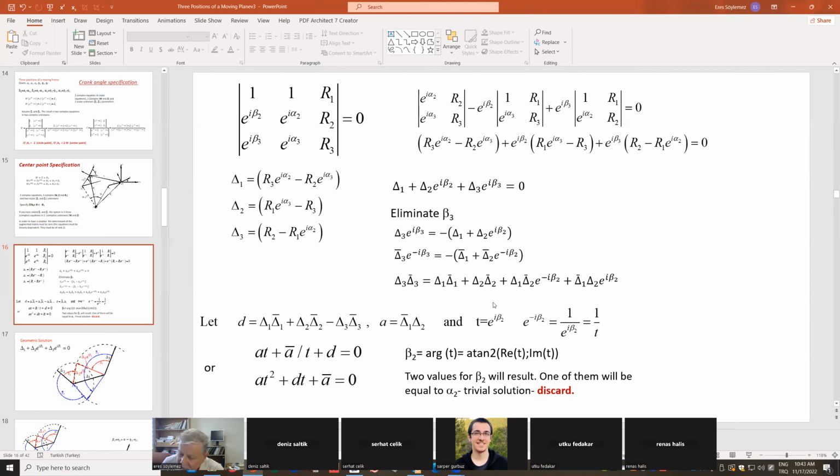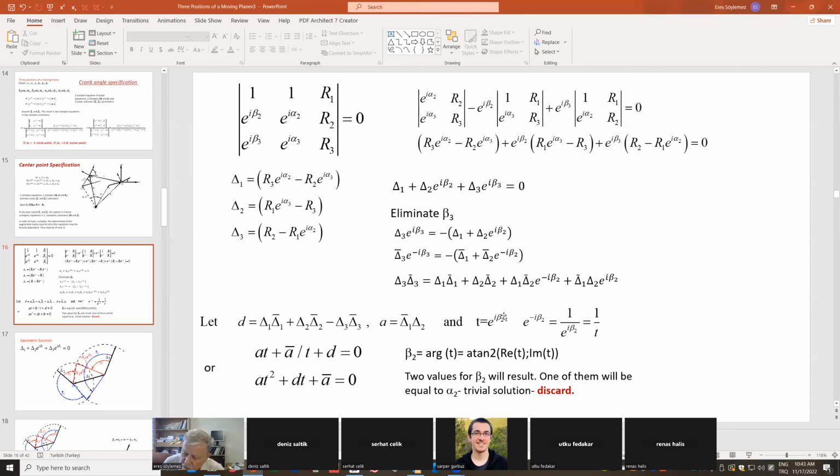Okay? And then we let e to I beta 2 be equal to T. e to minus I beta 2 is equal to 1 over e to I beta 2, which is equal to 1 over T. Agree? So I can write this equation as AT plus A bar over T plus D is equal to 0.